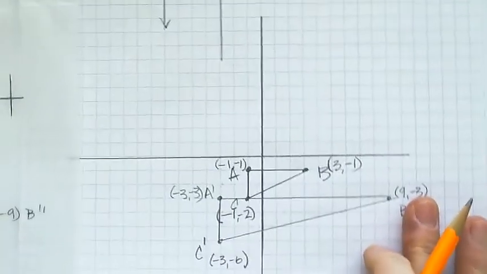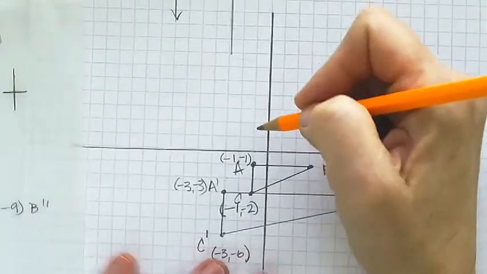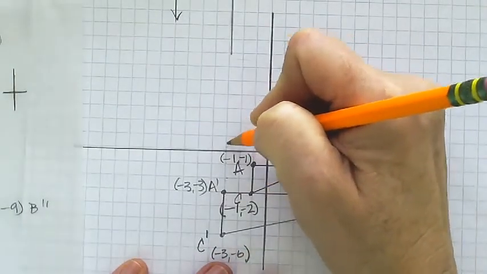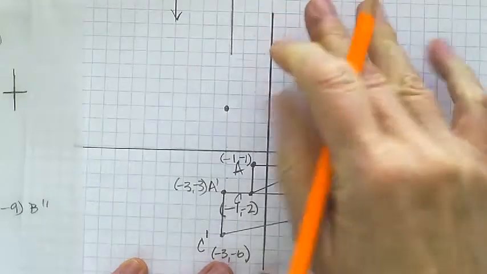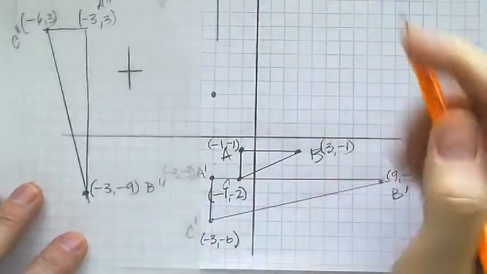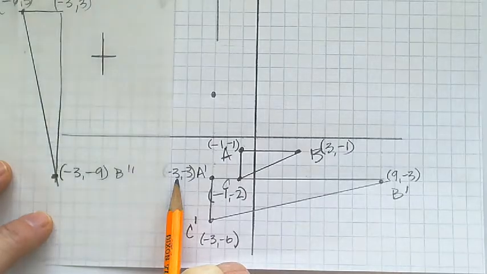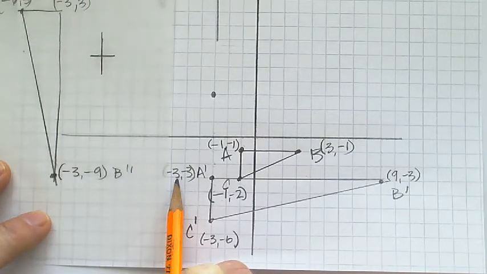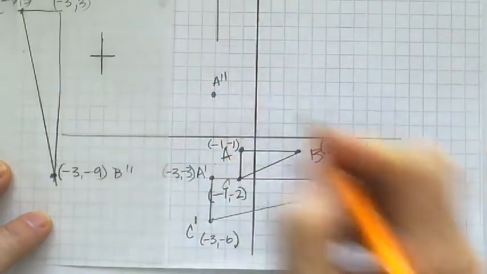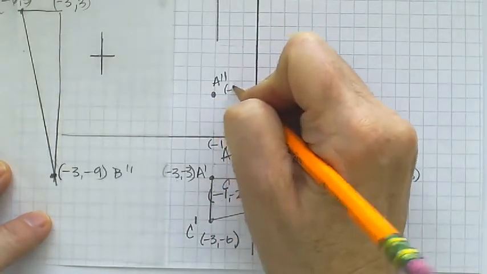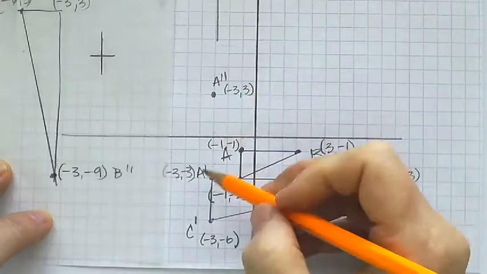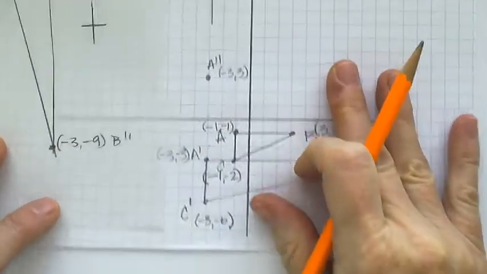Okay, so 90 degrees clockwise, what effect did it have? Well, the x coordinate is now a positive, or that remained the same for A double prime. Here, let's just go ahead. But the y coordinate is now positive.